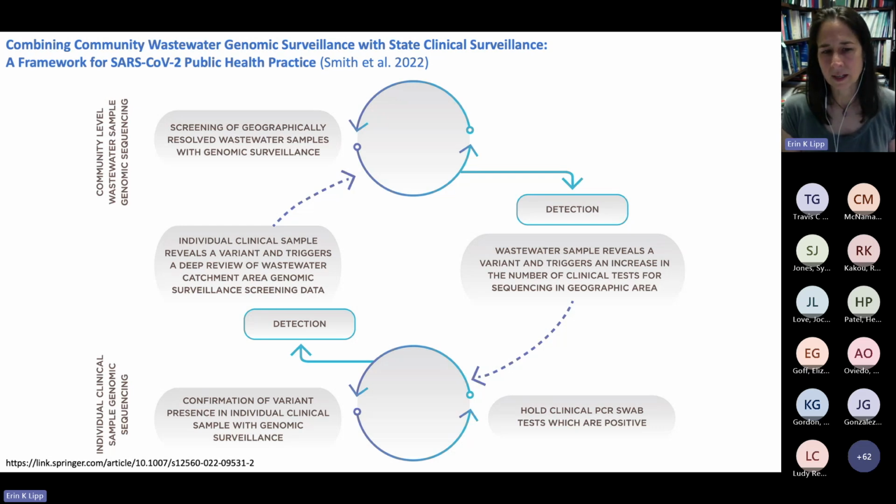I think this is the idea of how all of this should work together: the wastewater should be informing public health departments in terms of what might be going on, and anything from the clinical data should be informing what we're looking for in the wastewater to make sure we're not missing something. This is a very nice way of showing how those things work together, and a really good example of that link to action that we need to have a good surveillance method.